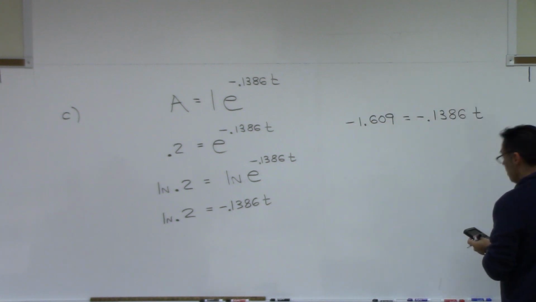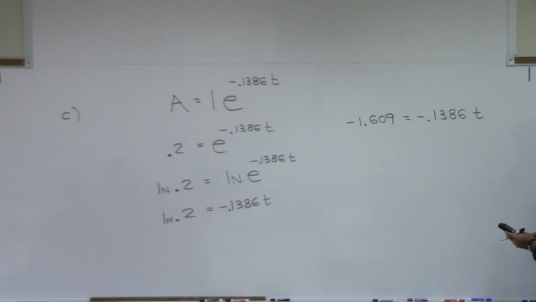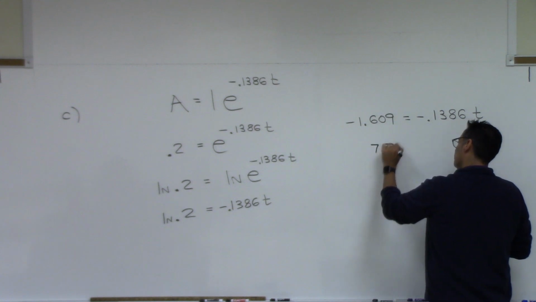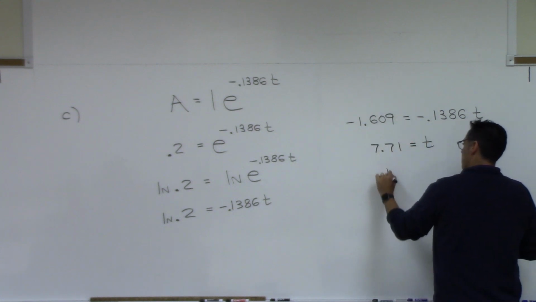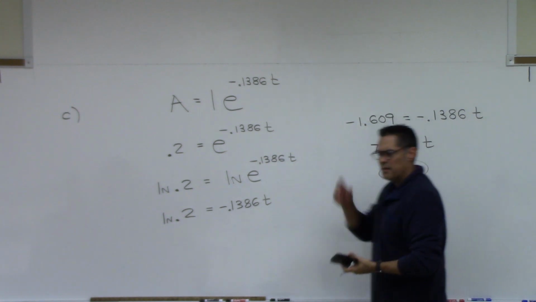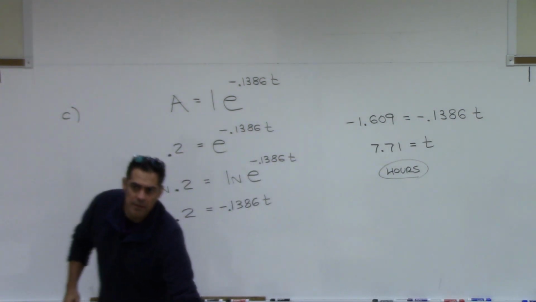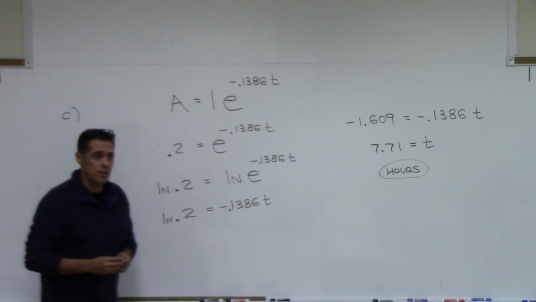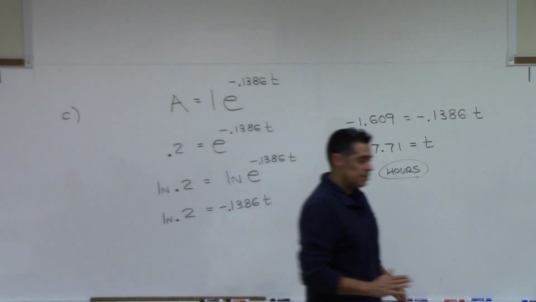Divide. Two negatives, right? 7.71 hours, right? Not days, hours. How do I know it's hours and not days or years? What was the half-life of alcohol? 5 hours, right? So everything here is in hours.